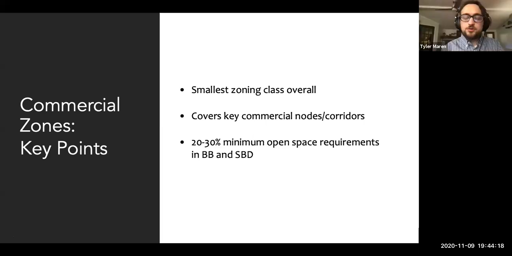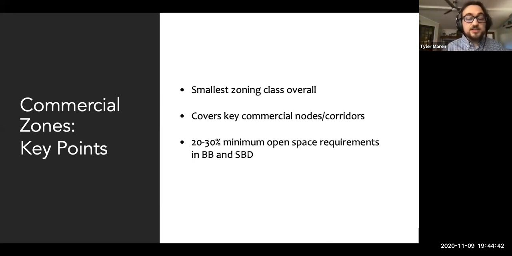All right, so commercial zoning. It's a bit more complex than the residential zoning. There are a lot more specialized, localized zones for specific corridors. It's the physically smallest zoning class. It tends to stick to very tight little corridors around some of the major commercial routes.